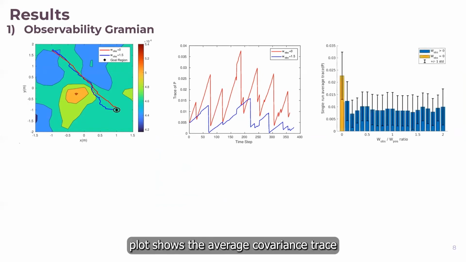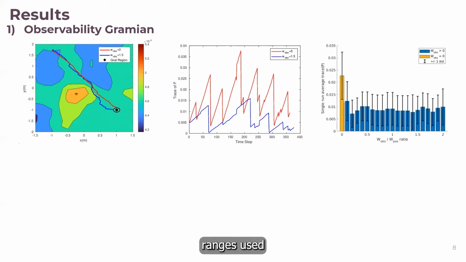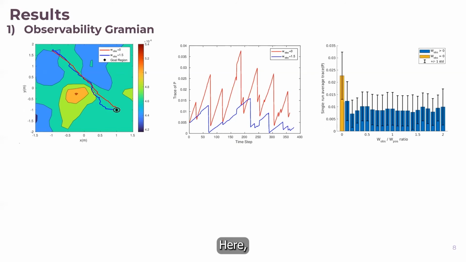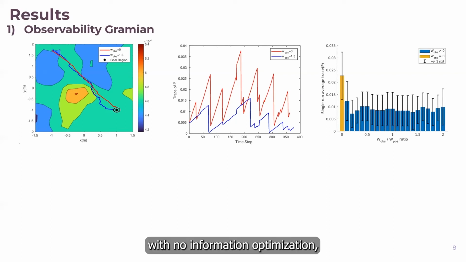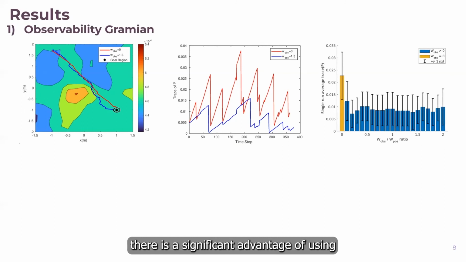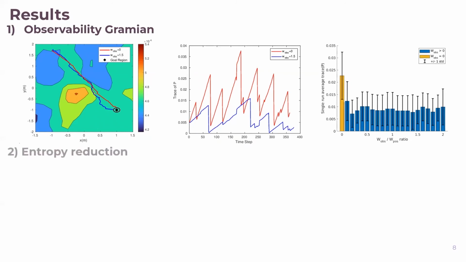The bar plot shows the average covariance trace for different weight ratios used in the optimized cost function to penalize distance to goal and information gain. Here, the yellow bar represents the run with no information optimization, and the blue bars are runs with information optimization. Overall, it is seen that there is a significant advantage of using the observability aware guidance method.